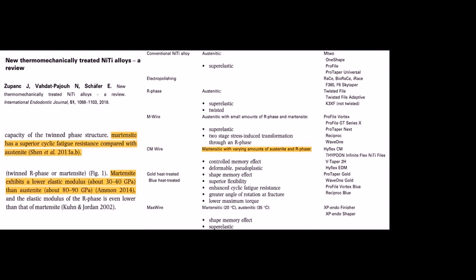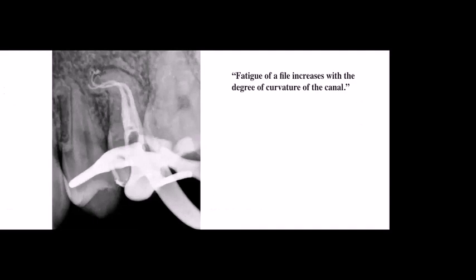So the CC file system, the files are made in martensite 90. It means that at body temperature they are in martensite phase. And why is it important? Here we can see a case that I did 10 years ago with an austenite phase 90.